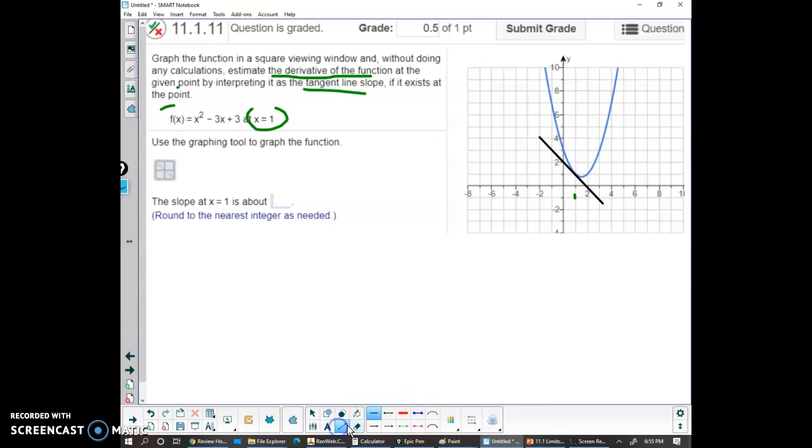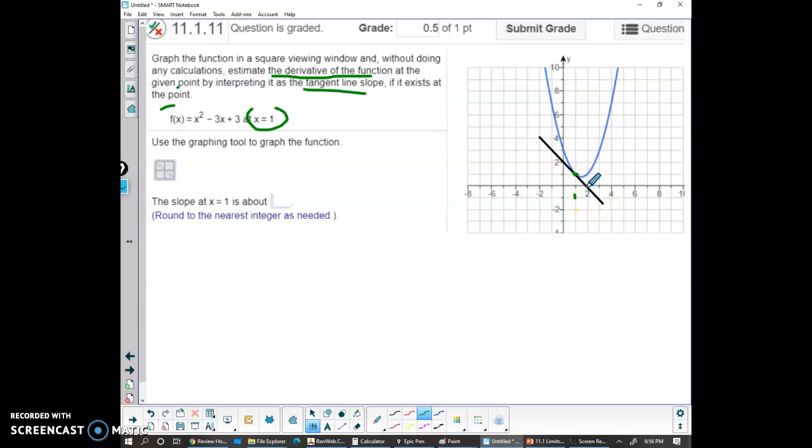So our tangent line would be right there going, so the slope of the tangent line is the same thing as the derivative. So what is the slope of this line?